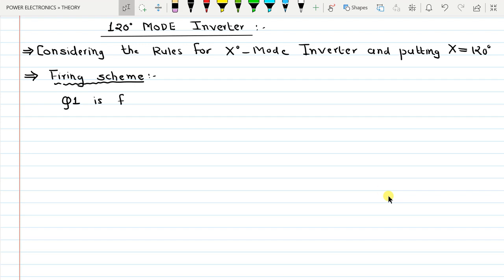Q1 is fired at omega t equal to 0 degrees and conducts for 120 degrees, that is till omega t equal to 120 degrees.